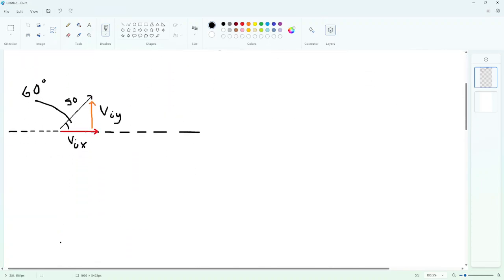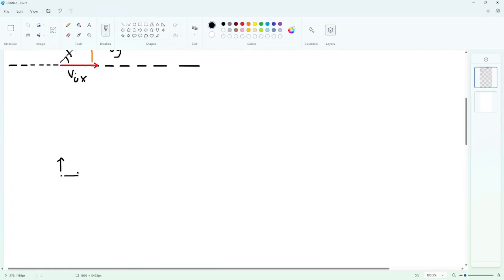Then we can imagine it like this. Here's our arrow. These arrows represent the velocities.